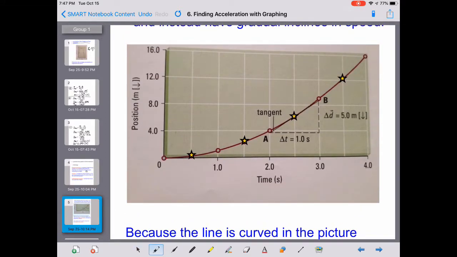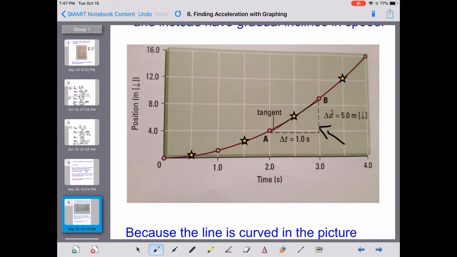So if we take a look at where the stars are on our picture, the stars are the time intervals that we're going to focus on, but we're going to use the tangent technique and look at the points just outside of those stars and use those as straight lines, like you can see in the example that's already drawn in right there.